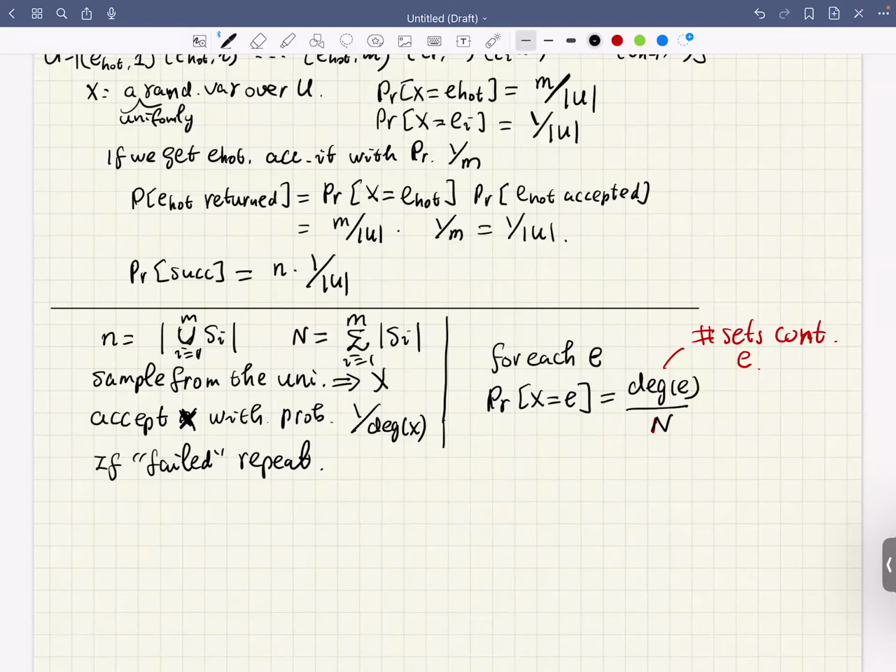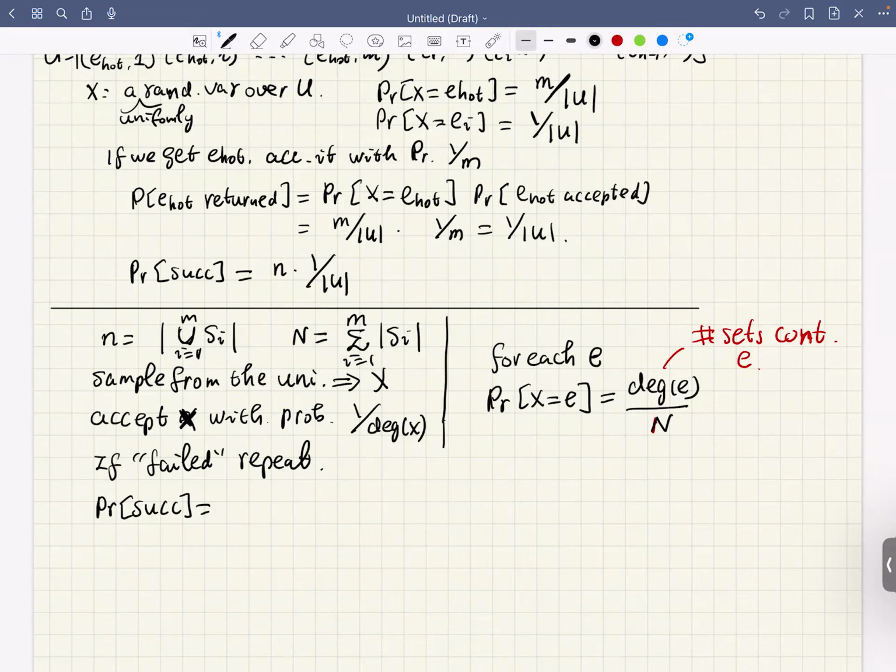So what is the problem here? The problem is, how many times do we have to do this? With the experience from before, you know what you should be looking at: the success probability. So what's the probability of success? You think about this big success event broken up into small n success events, where each success event is on one distinct element.